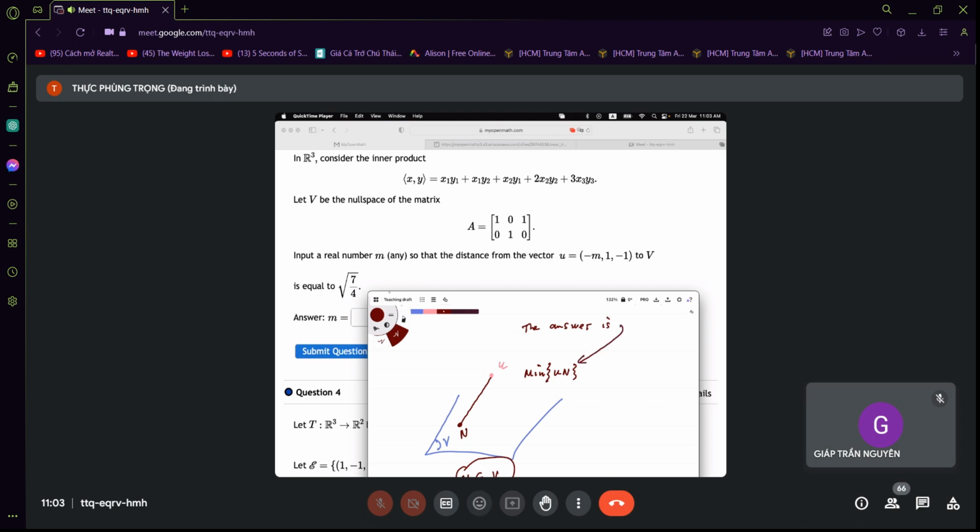When you consider the minimum of the distance from u to n for n in V, you get exactly the answer for the distance.